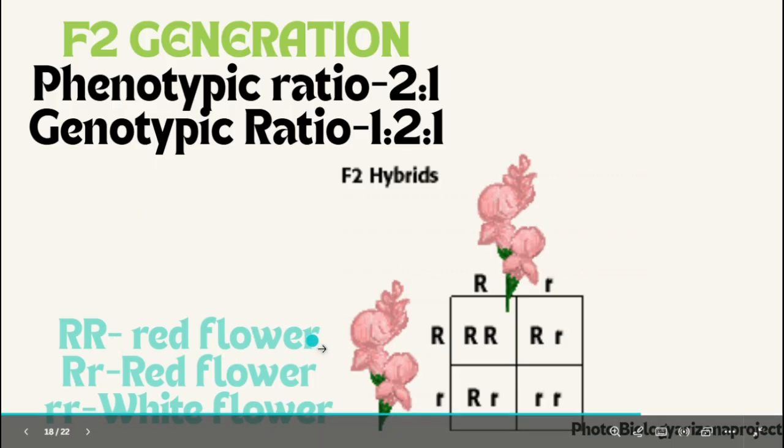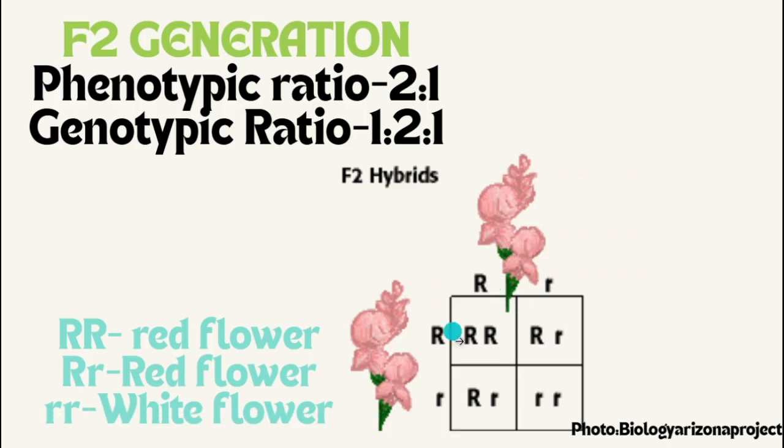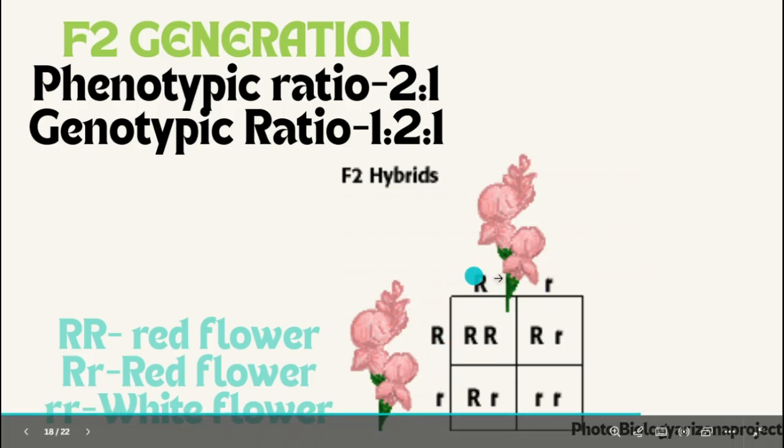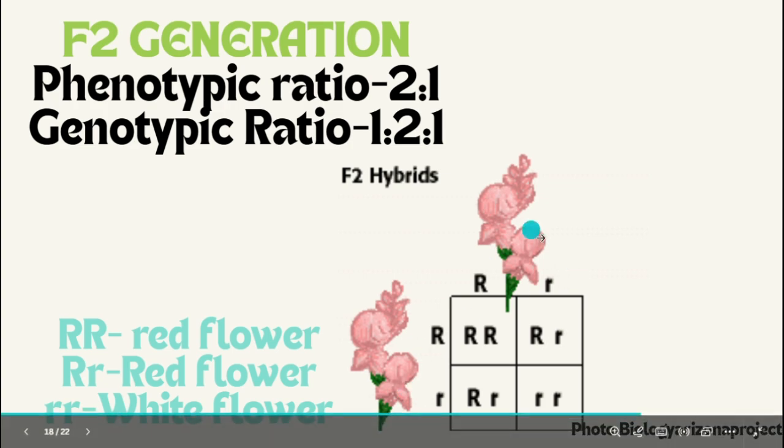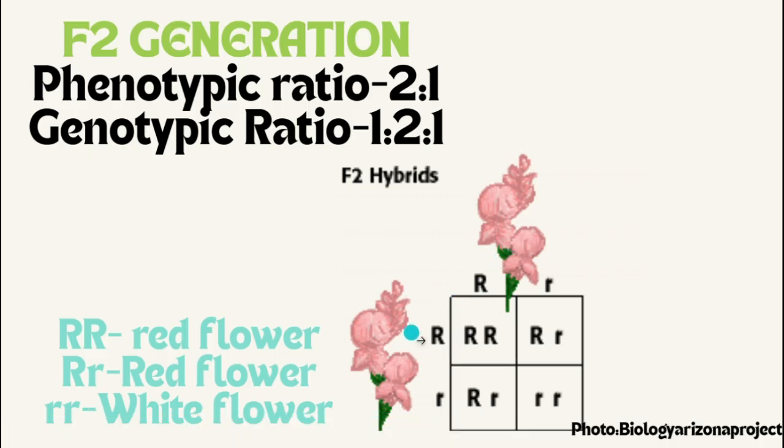Red is the dominant trait, and both these genotypes code for it. Little r is white flower, which is recessive. So if we cross two heterozygous, big R, little r and big R, little r, we're crossing two red flowers. Both parents look red. What do you think could happen?